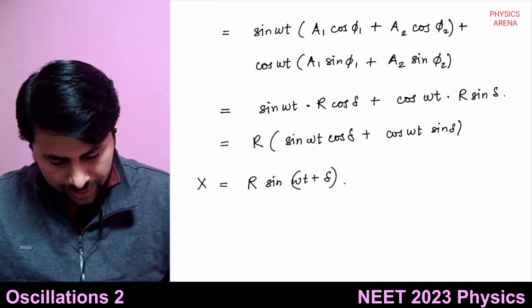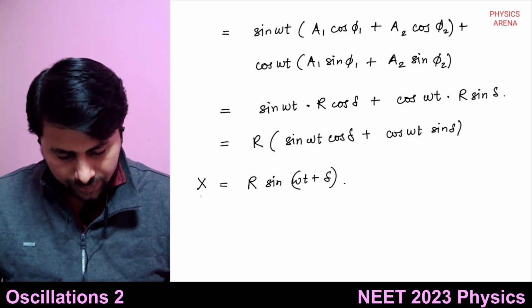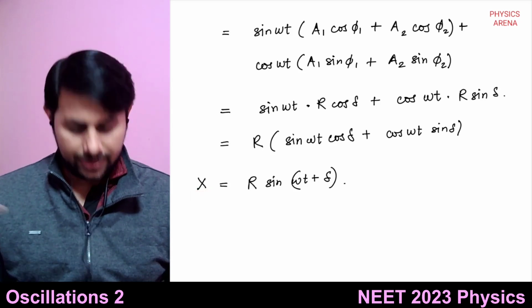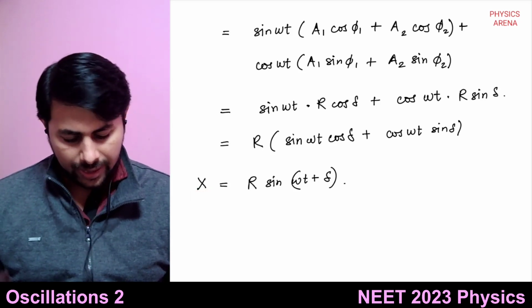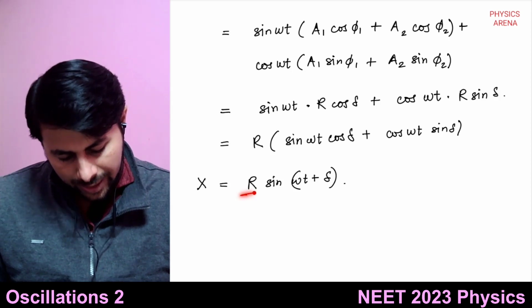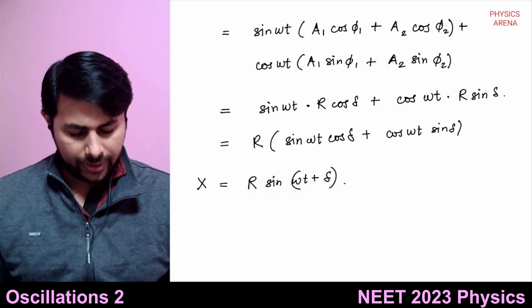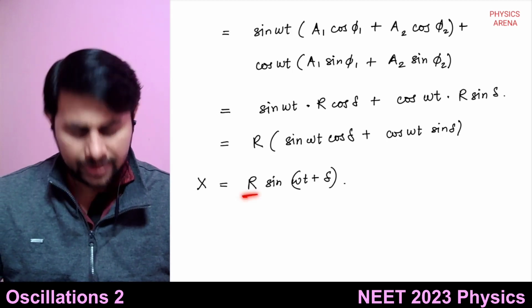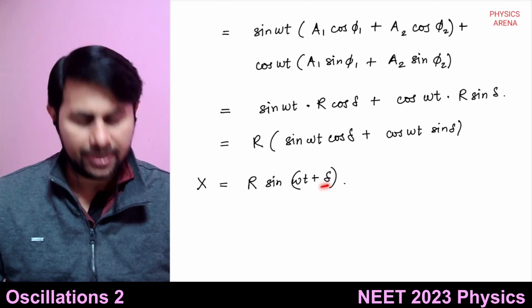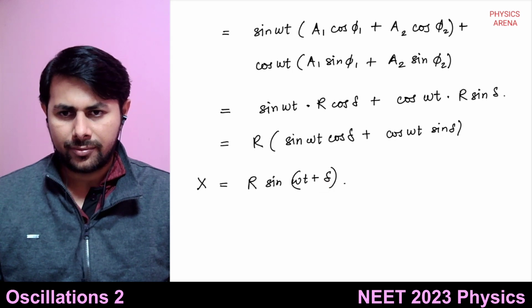So now see, x is the resultant displacement, and it can be written as r multiplied by sine of omega t plus delta. Okay, so R is the resultant amplitude and delta is the resultant phase.